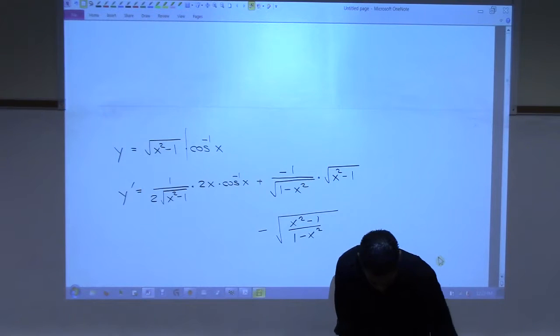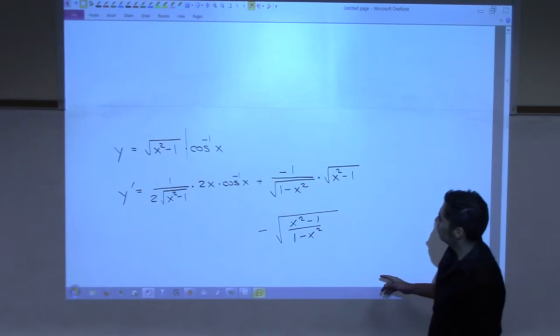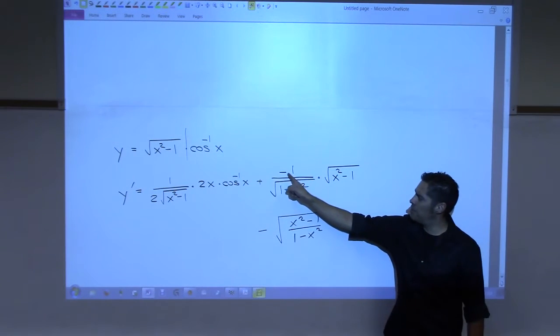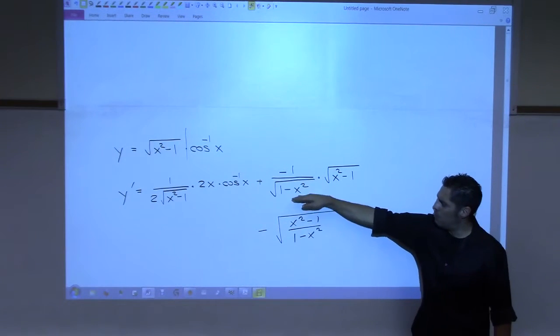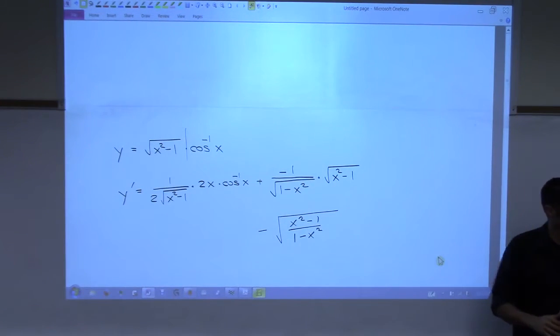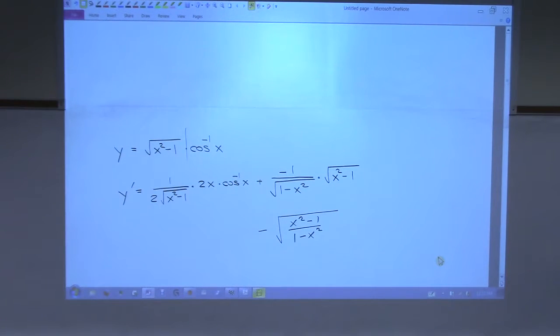If you pull a negative out of 1, I didn't pull a negative out. This negative is this one right here, and I rewrote this over that. But the negative on the outside and the negative in the 1 minus x squared on the bottom, wouldn't that make it 1 plus x squared?